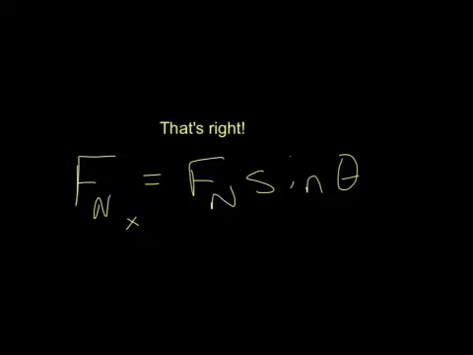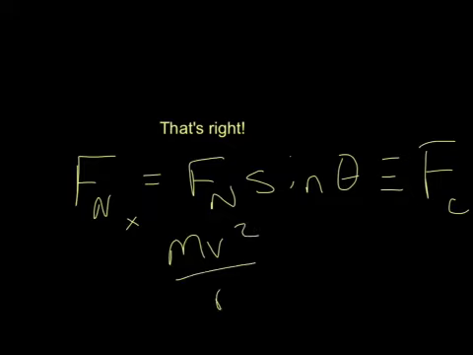Because, of course, we said that Fnx is also defined to be, in this case, the magnitude of the centripetal force, which is mv squared over r. So transitive property again, mv squared over r, where, what is r? That's the distance from the bank to the axis of rotation on the racetrack, is equal to Fn sine theta.